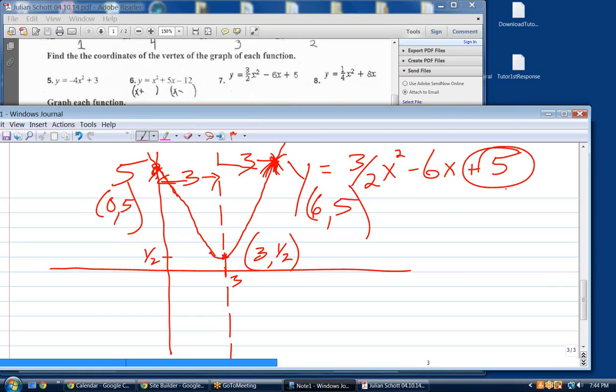You just look at whatever the constant is, that's the y-intercept. The difficult part is figuring out the other point that goes with that y-intercept. There's always an opposite symmetrical point right there that is at the same y value, still at y equal 5, but the x value is different.